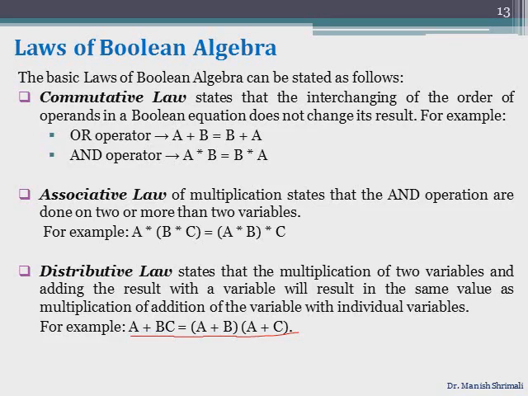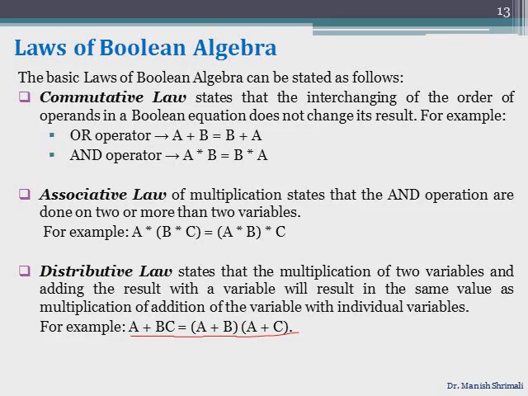For example, for the OR operator, a plus b is equal to b plus a, so it hardly matters whether you perform a plus b or b plus a; the result is the same. In the case of the AND operator, it is again the same: a into b gives the same result as b into a. This is what the commutative law is.